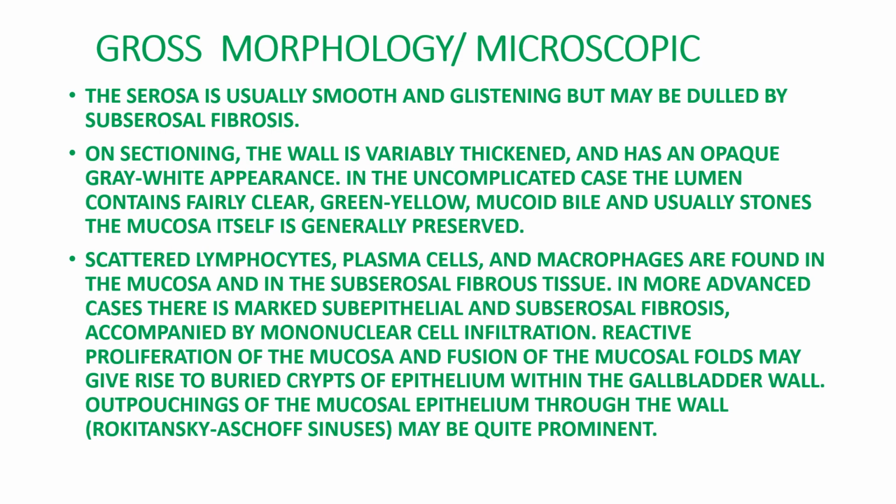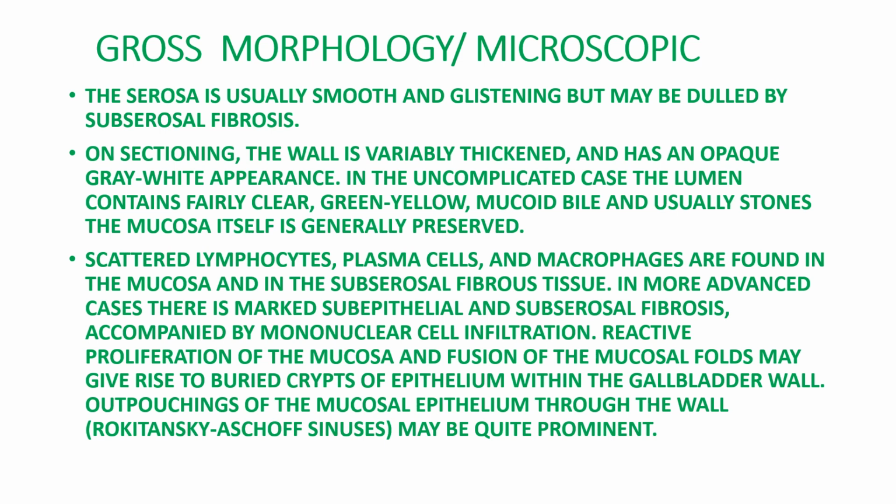This feature, which is also known as desmoplasia, means the deposition of fibrous tissue in the subepithelial and subserosal regions, which leads to thickening of the wall of the gallbladder and shriveling of it. It is accompanied by a mononuclear cell infiltrate, a reactive proliferation of the mucosa, and fusion of the mucosal folds may give rise to buried crypts of epithelium within the gallbladder wall.